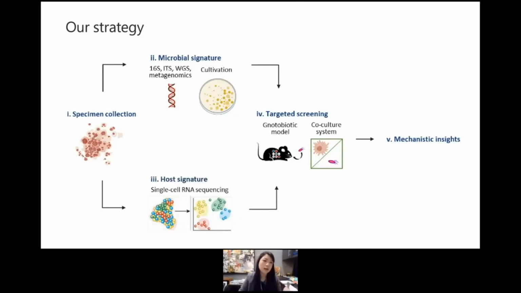And then we can actually start to tease out the potential relationships in vitro or in vivo. And that might lead to mechanistic insights. And so for the rest of the presentation, I'm going to demonstrate how this strategy helps us to better understand the mechanistic drivers of extra-intestinal manifestation of inflammatory bowel diseases.